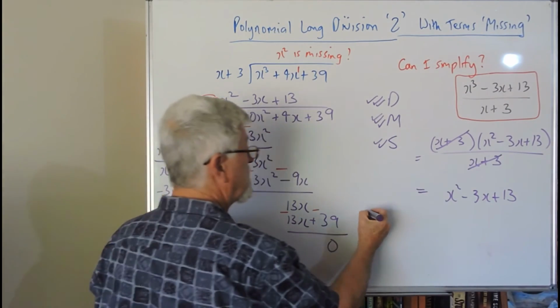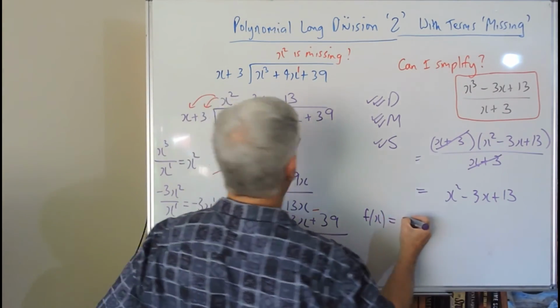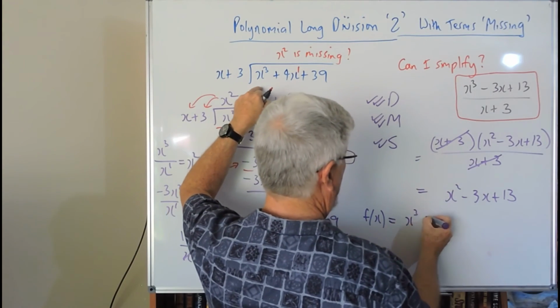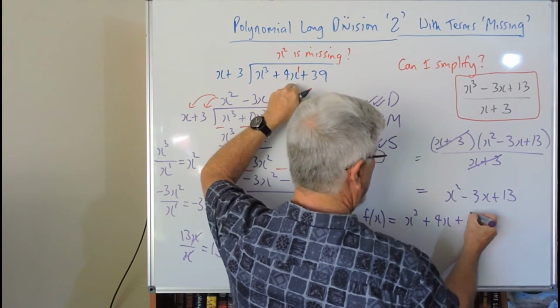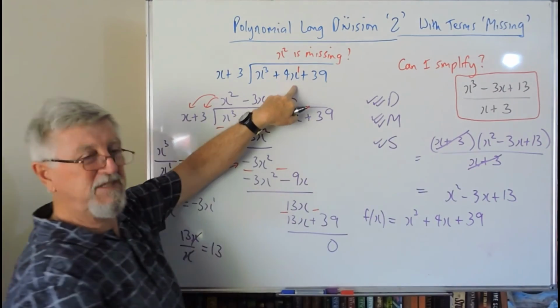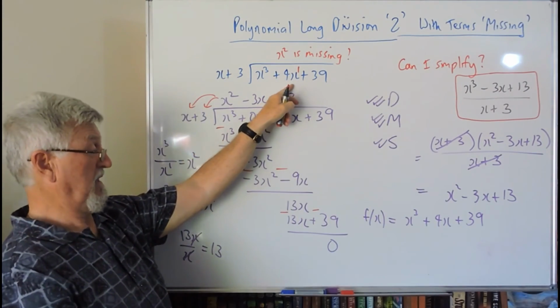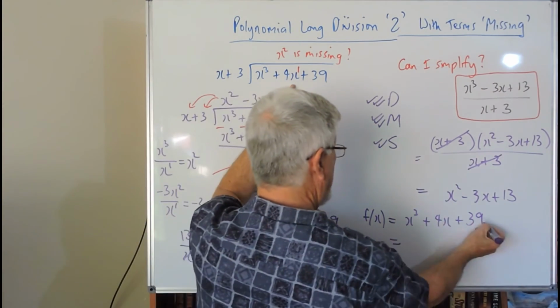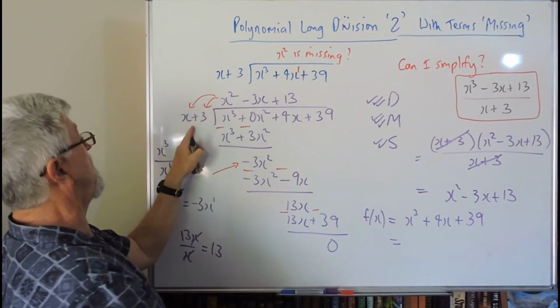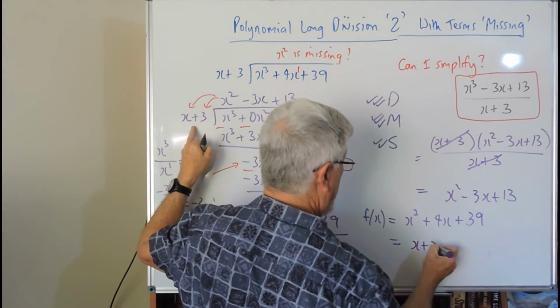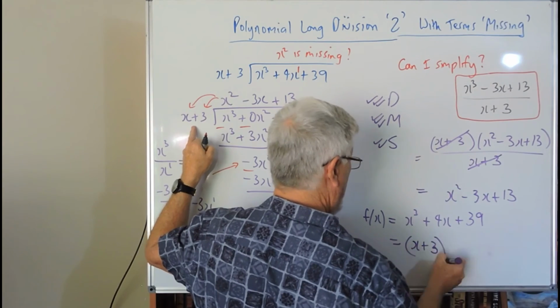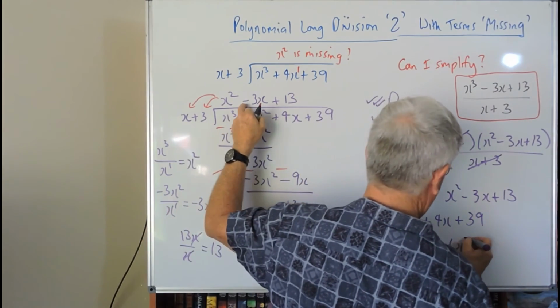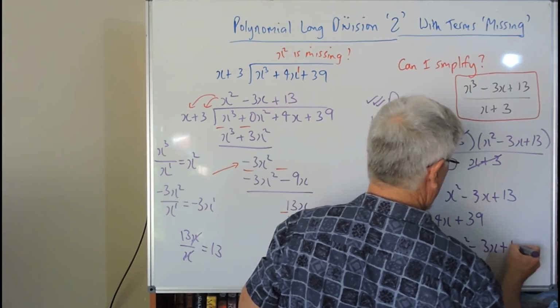One other thing it's for as well, if I talk about the function, go back to the original, x cubed plus the 4x, I'll try not to get too much into this, the videos get too long. I can talk about it also equalling x plus 3 times the x squared minus the 3x plus 13.